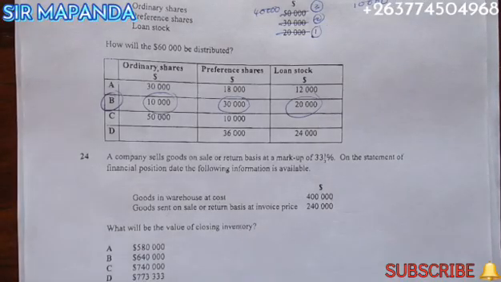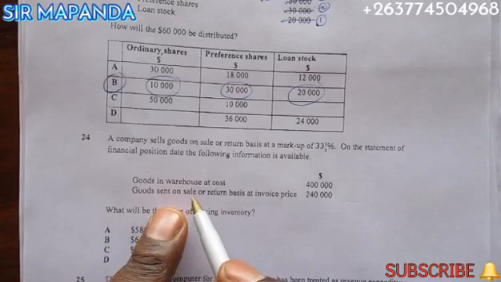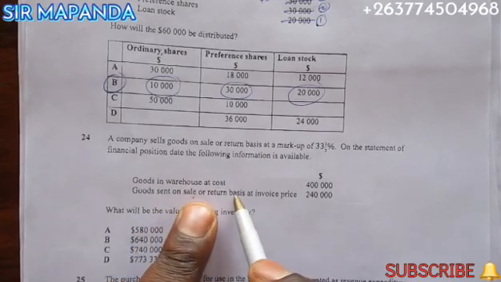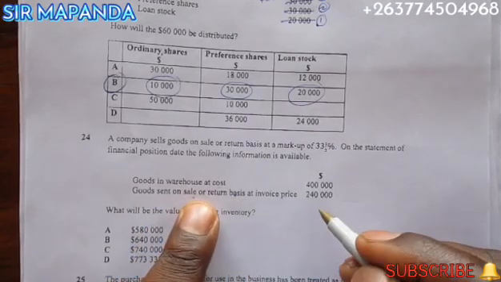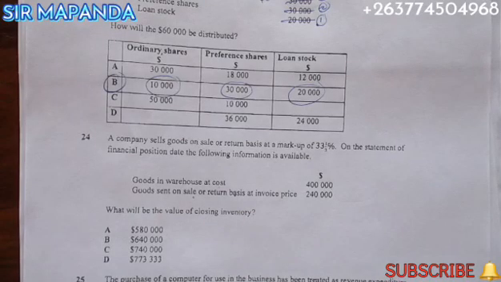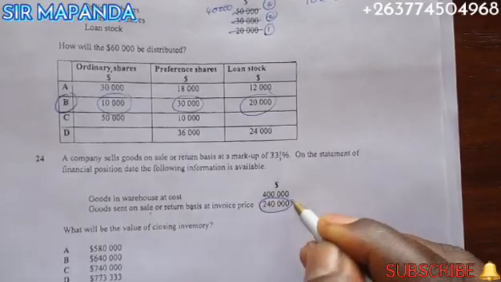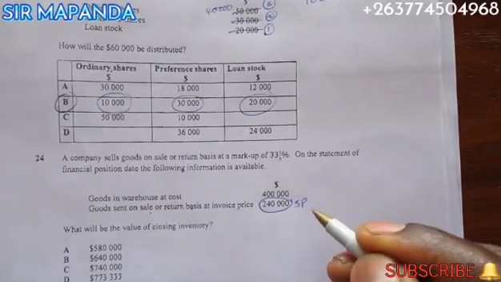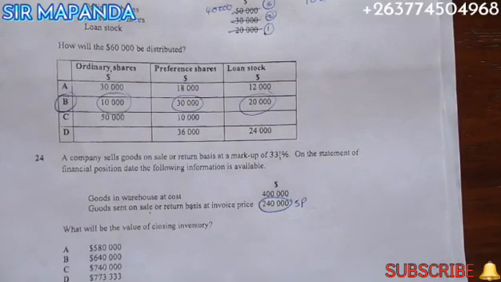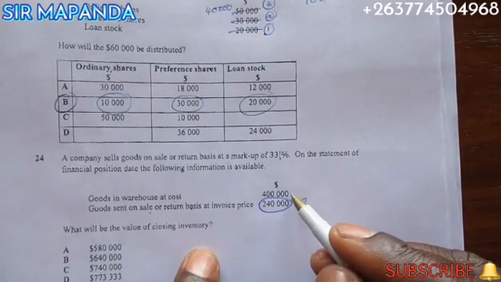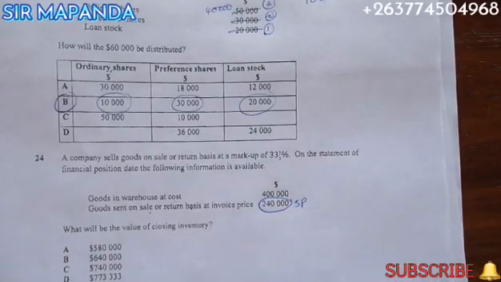So remember, goods that are sent on a sale or return basis are going to be part of this business's stock. Why? Because they have not yet been sold. So it means this 240 is at selling price. We need to remove the profit margin so that we calculate the cost of those goods and add them to the 400 to find the required closing inventory value.